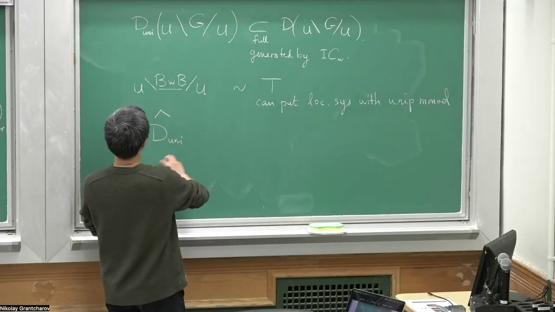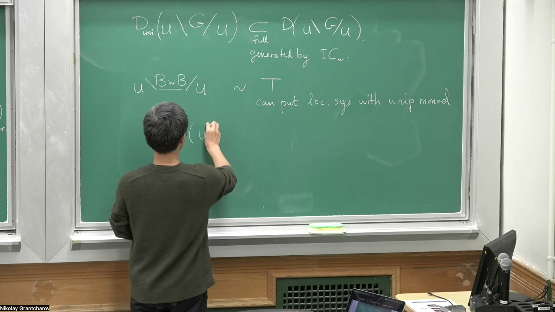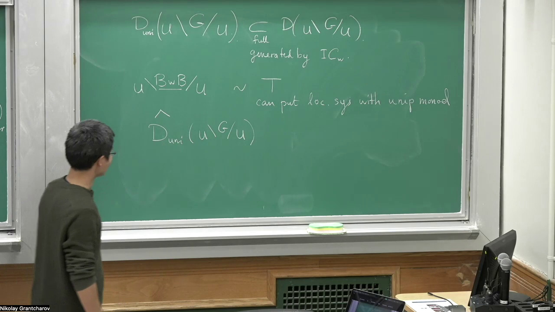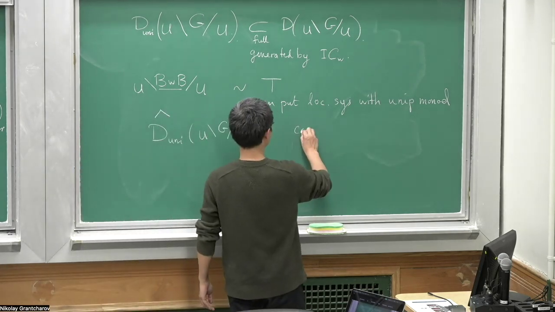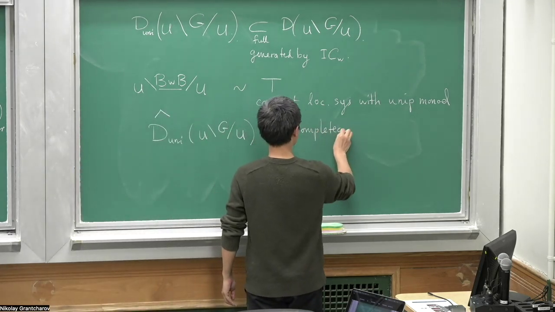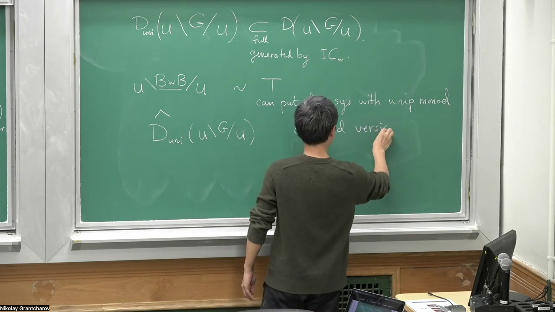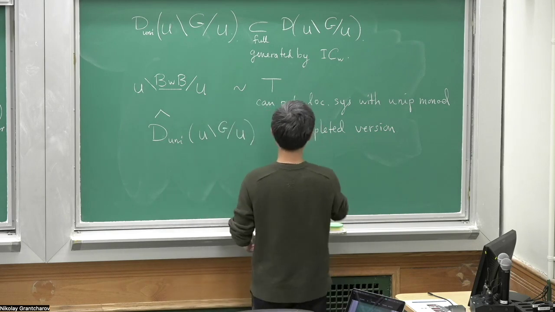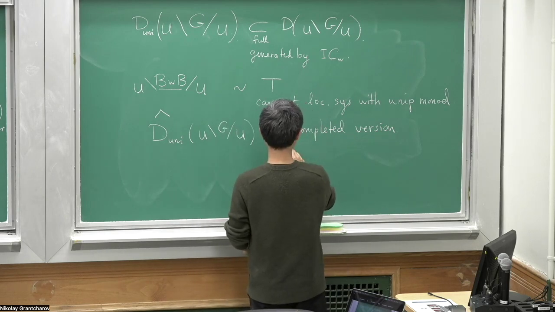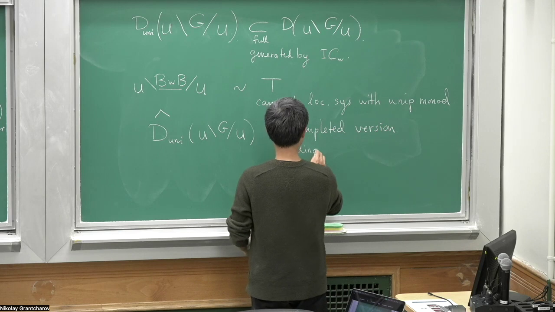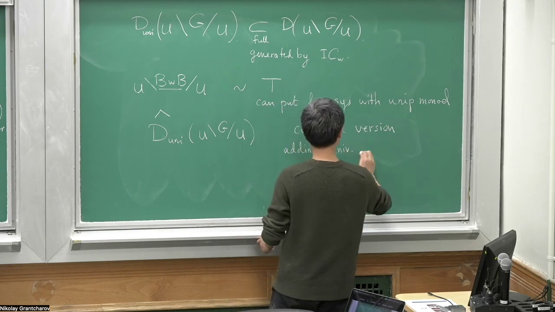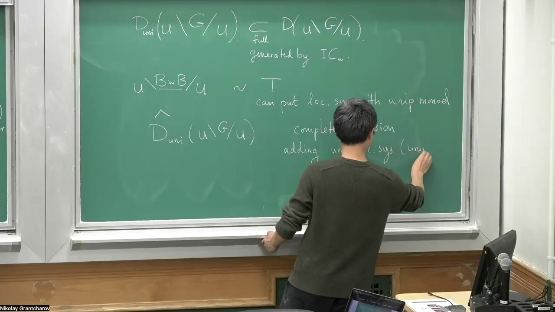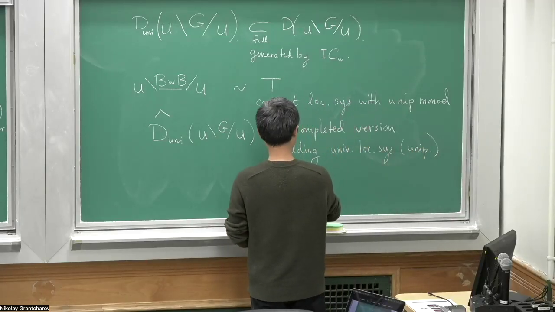This is a technical point in my work with Bezrukavnikov, so we can introduce some completed version. Basically, it's just adding objects of the form universal local system, but still unipotent on each stratum.